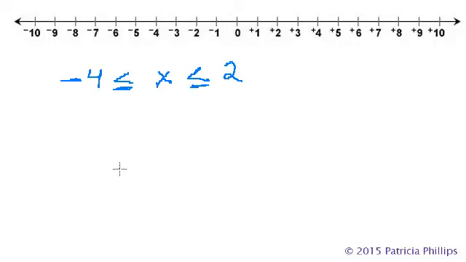So you notice it doesn't have the word and in between it, but basically that's what it means, because x is two things.